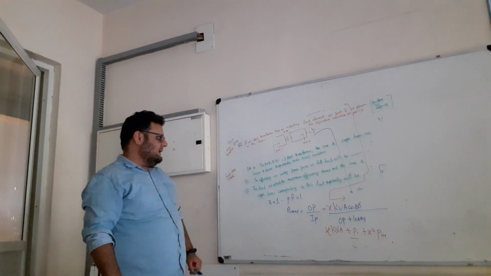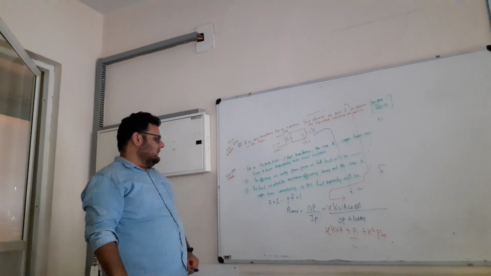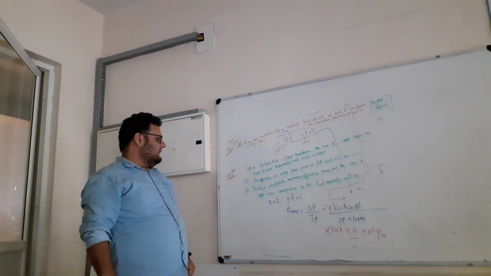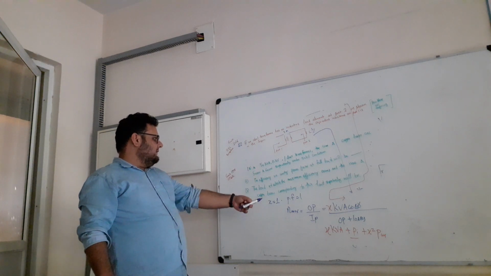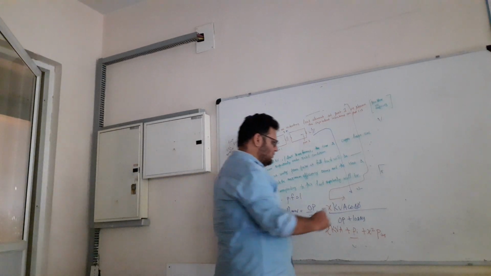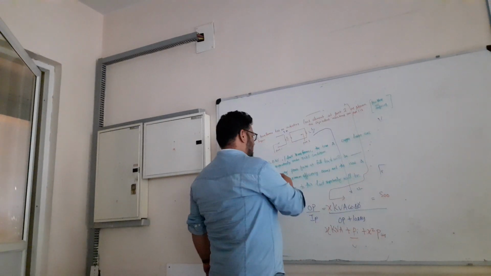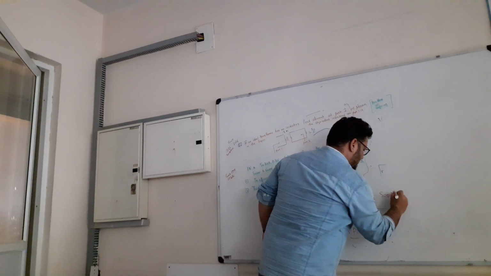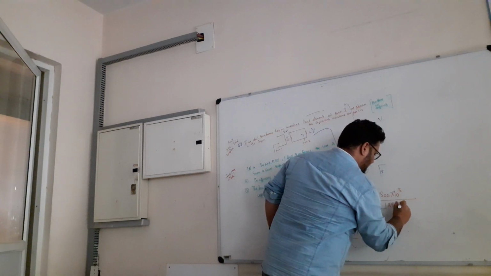Now before calculating these losses, we know the value of X is equal to 1. We know the power factor is equal to 1. We know the kVA value is 50 kVA. We can directly substitute here. We can write 50 into 10 power 3 divided by 1 into 1 into 50 into 10 power 3.